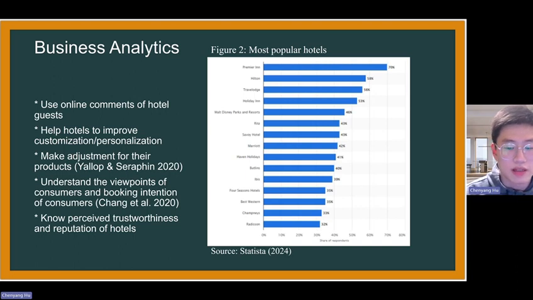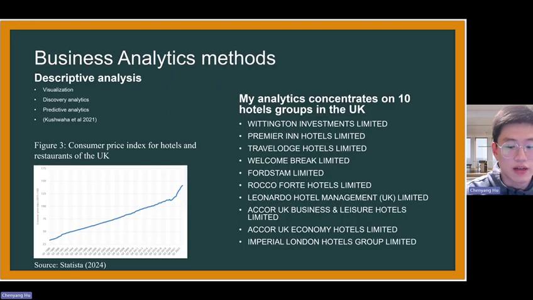In my business analysis, I mainly focus on some financial data of 10 hotel groups in the UK. I then analyzed the financial indicators and ratios of the 10 hotels. The first is the trends of their average turnover and the profit and loss before taxes from 2013 to 2022.